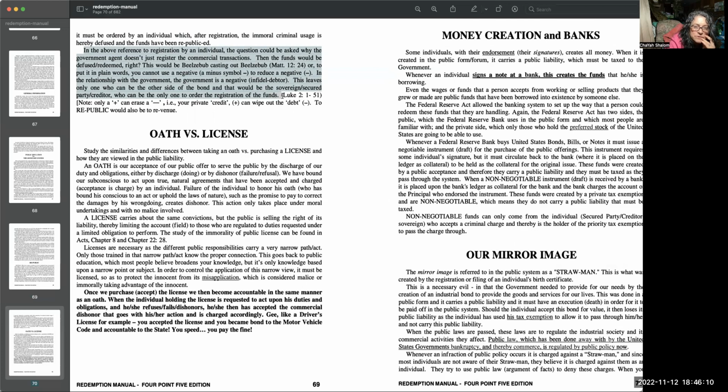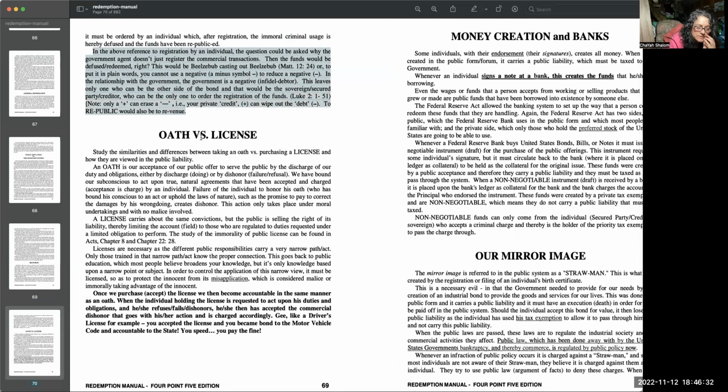Luke 2:1-51. Note, only a positive can erase a negative. Example, your private credit, positive, can wipe out the debt, negative. To republic would also be to revenue. Interesting.